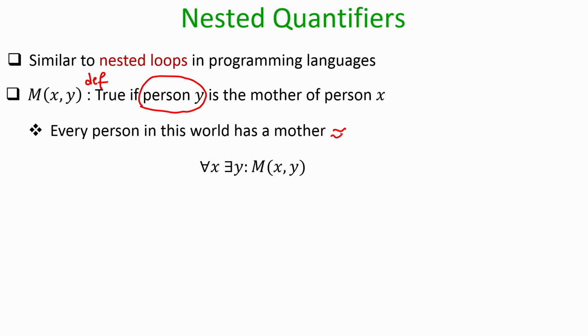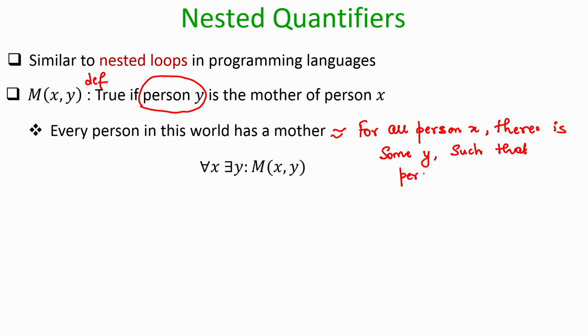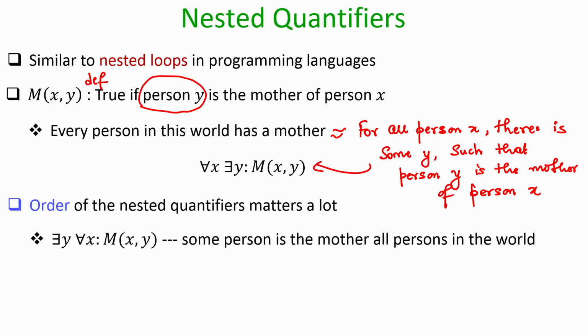Well, this is equivalent to saying that for all persons x there is some y such that person y is the mother of person x, which is indeed what is represented by this expression, right.